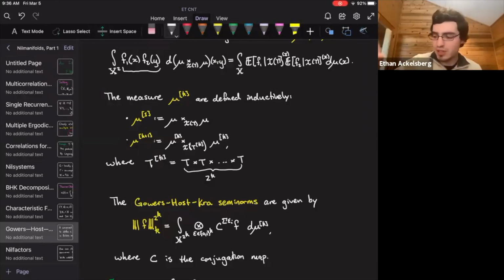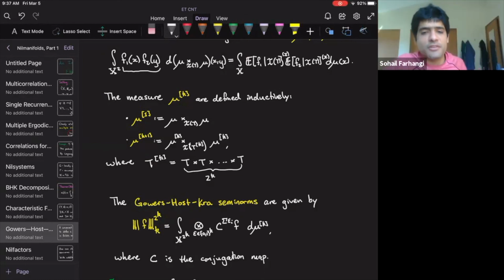This condition, this relatively independent joining, is really encoding one application of van der Corput, but you can define the norms directly in this van der Corput way, which at least makes more sense in the finite setting as well, because doing conditional product things is strange. I wrote it down this way, but you can do it that way as well, and maybe see why progressions are appearing here.